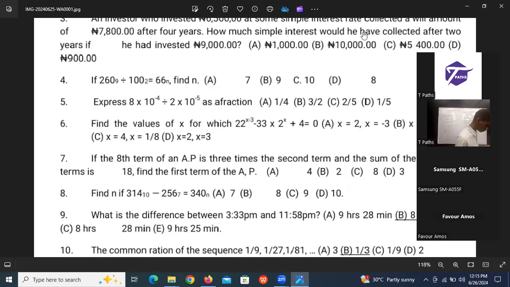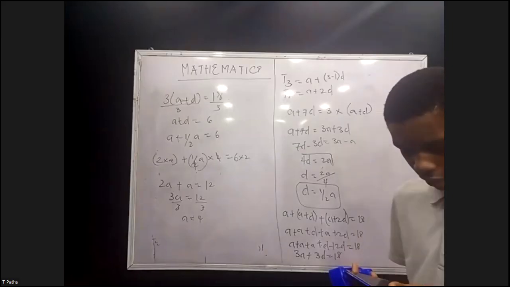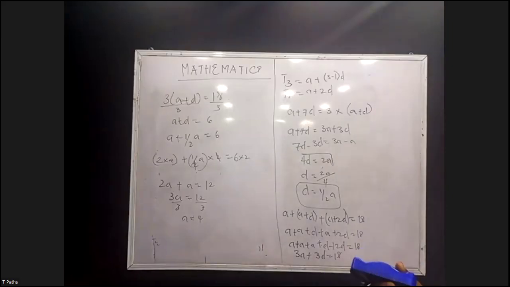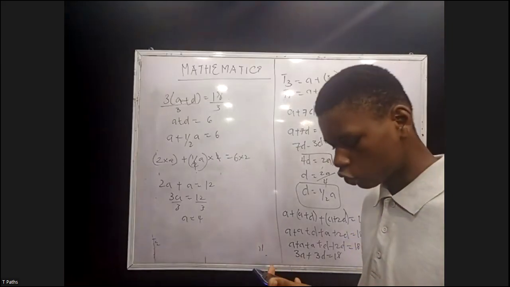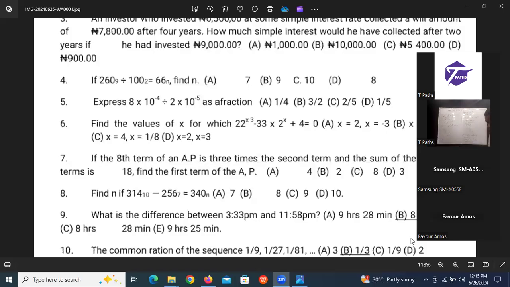Number 8 says find n if 314 base 10 minus 256 base n is equal to 240 base 10.